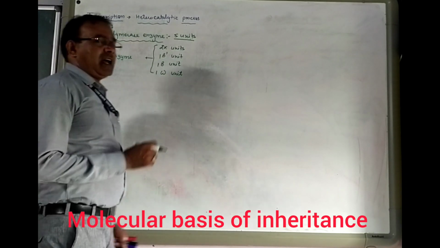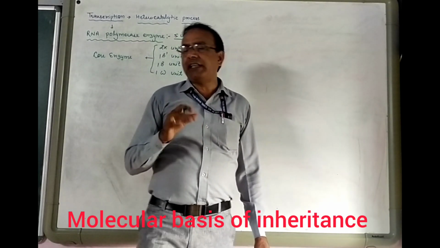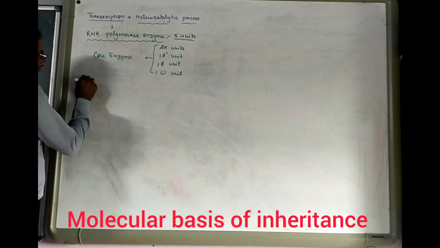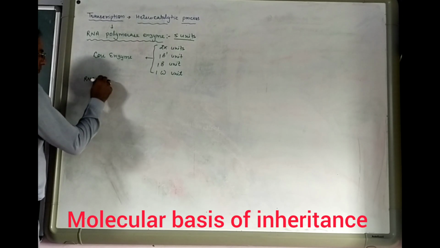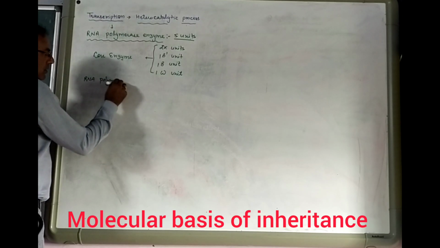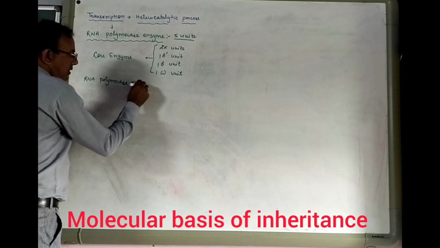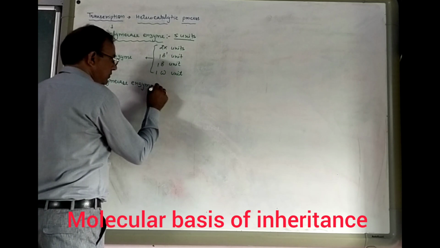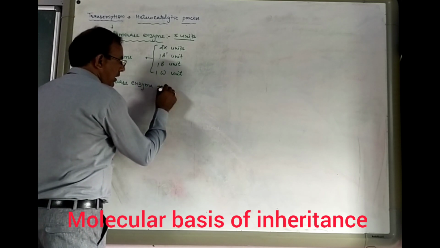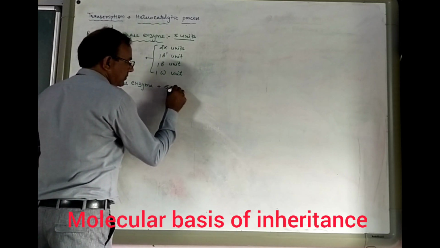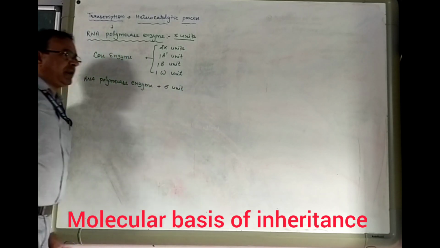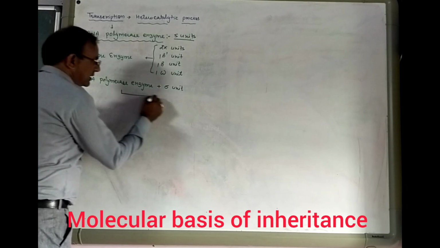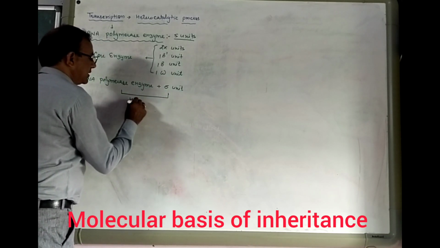If 2 more units are also attached with the RNA polymerase, then the name of the RNA polymerase is changed. The RNA polymerase enzyme which is attached with the sigma unit, this type of enzyme is called the holo enzyme.